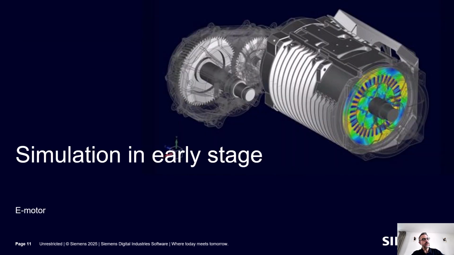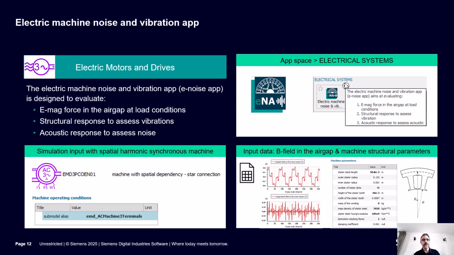So let's start looking at the simulation in early stage, in particular for the electric motor. What we propose here is an approach which is basically a systems engineering approach, but for the NVH performance.